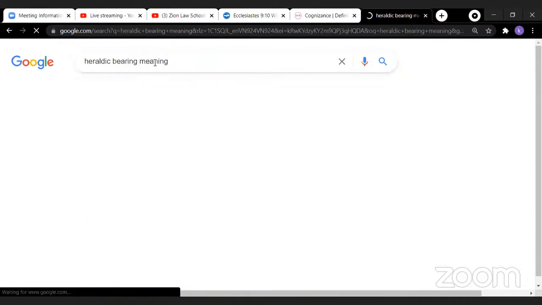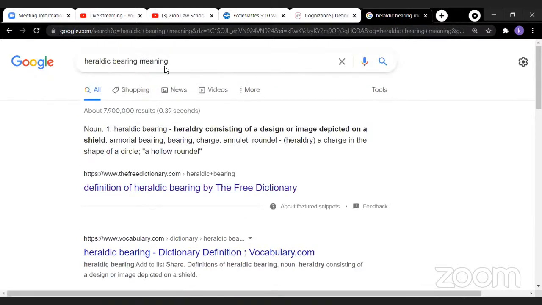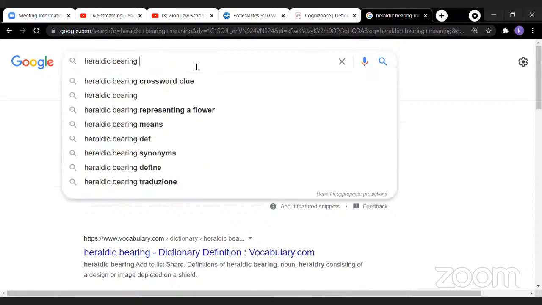So a memorial bearing, right? What does this remind us of? The family shield. Yeah, the family shields. Heraldry consisting of a design or image depicted on a shield. Memorial, bearing charge, amulet, rondel. So family shield, it has to do with nobility. I'm trying to find the better definition. Let me look for nobility.